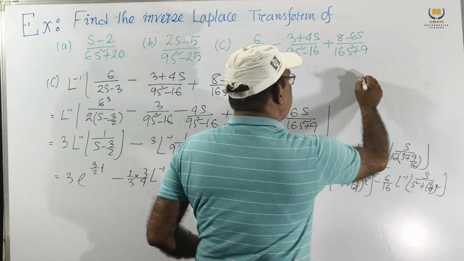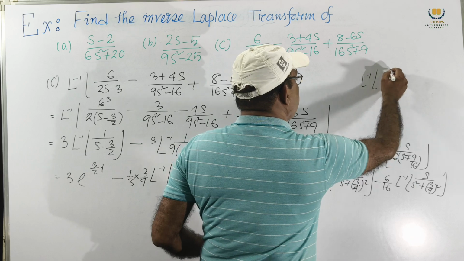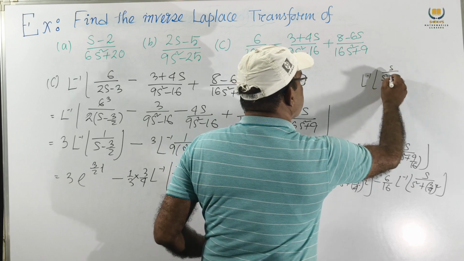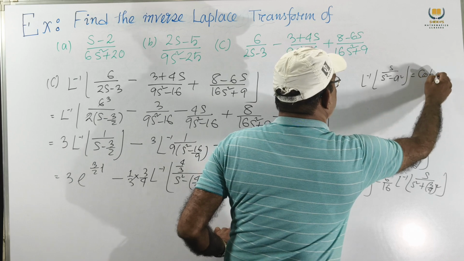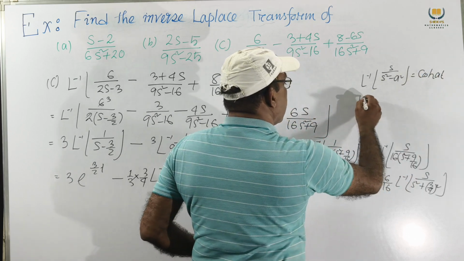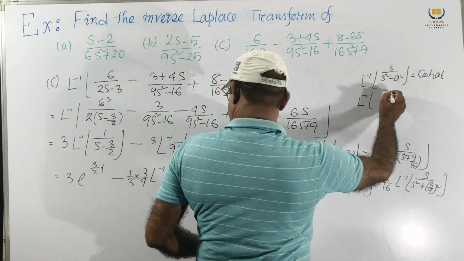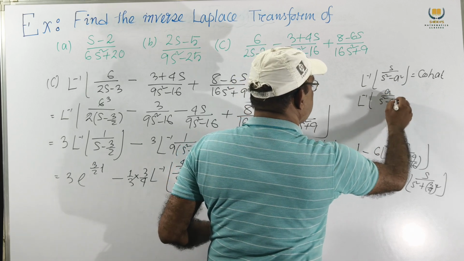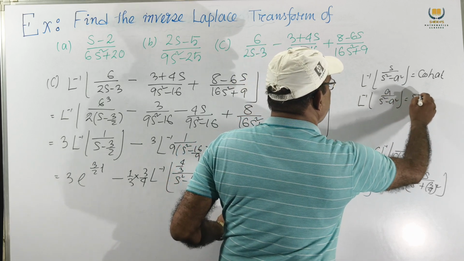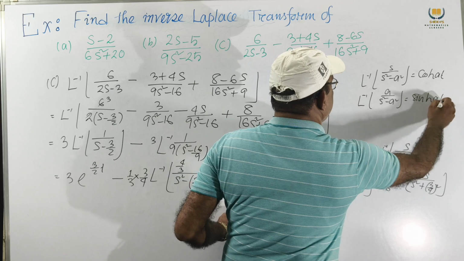L inverse of s by s square minus a square is cos hyperbolic at. L inverse of a by s square minus a square is sine hyperbolic at.